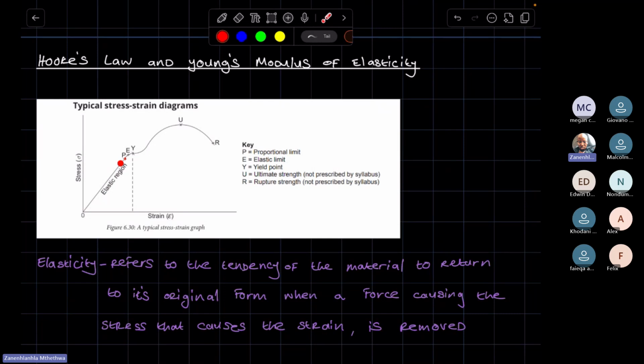But beyond the elastic region, the graph is no longer a straight line. There's a bit of a dip here, meaning that beyond the elastic region, the stress is no longer directly proportional to the strain. Something else completely happens.